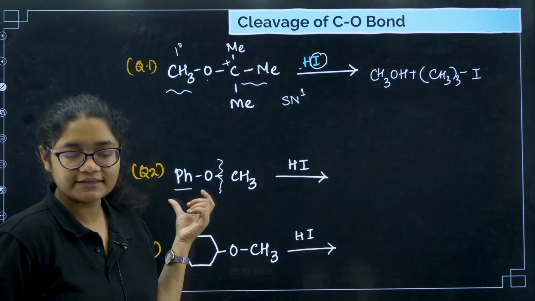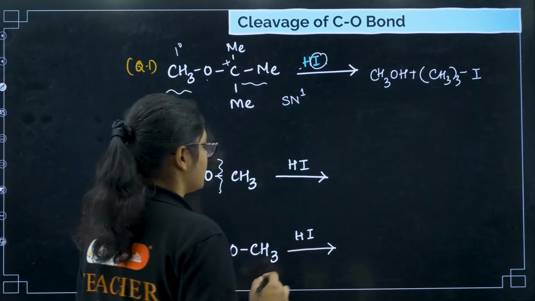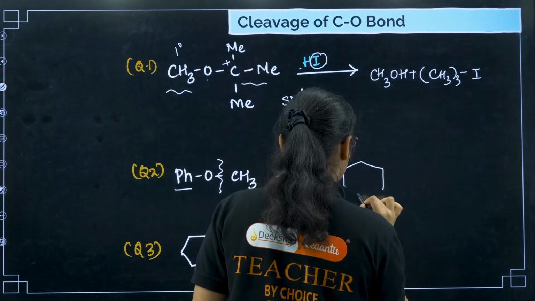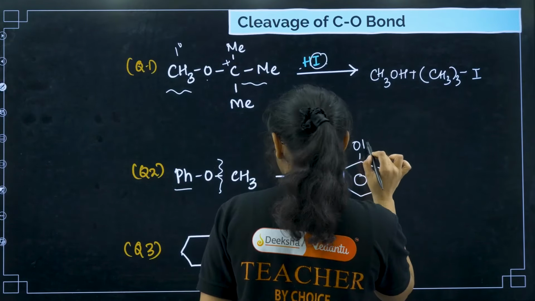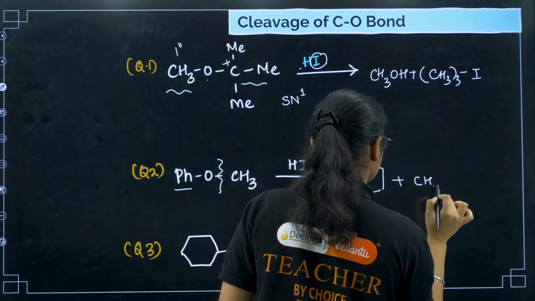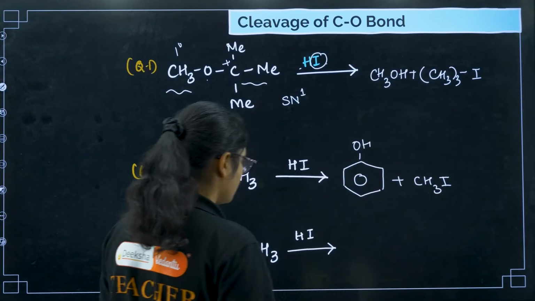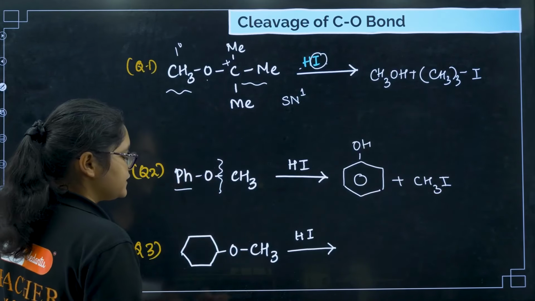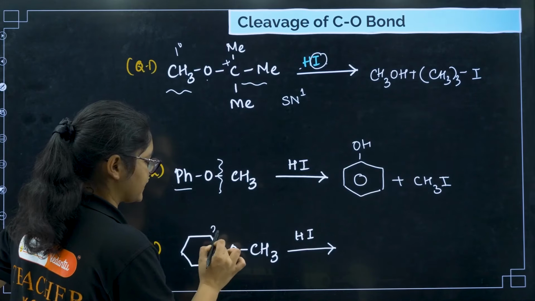If any C6H5 ring is there, then the product will always be phenol. So you will have C6H5OH and CH3I.